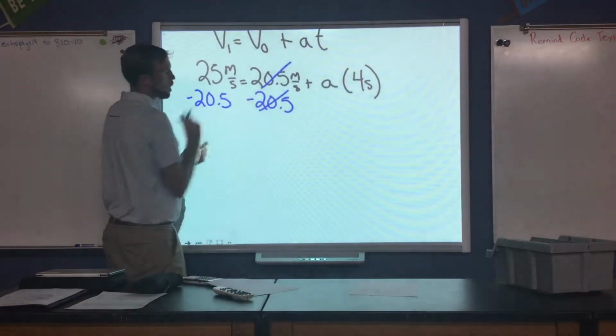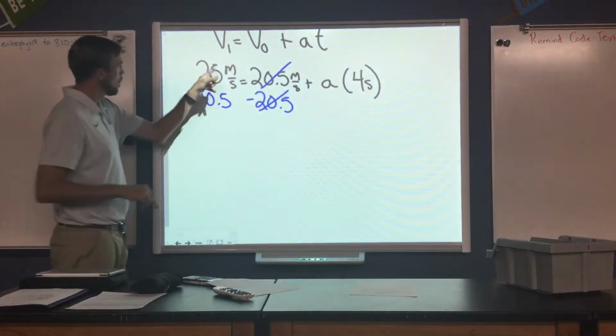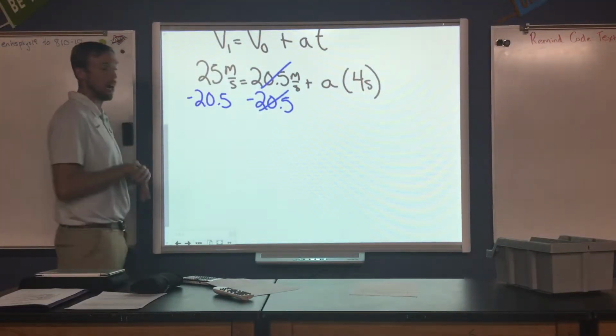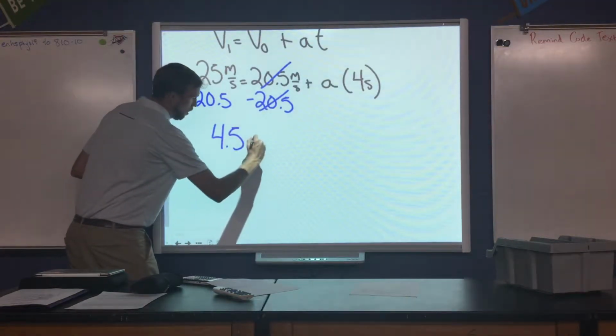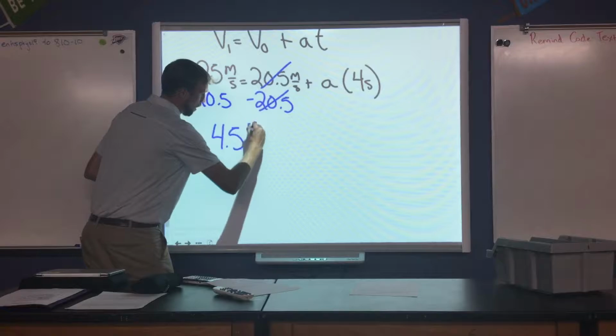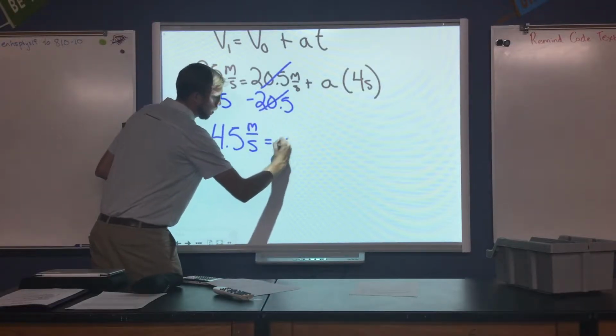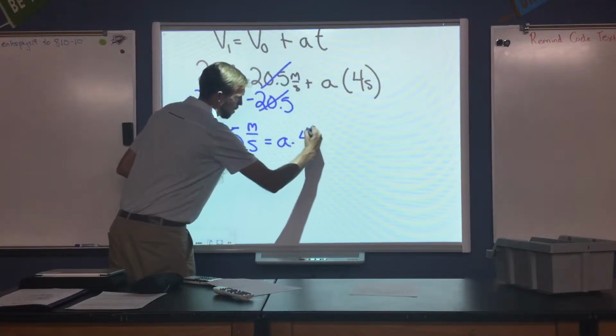So 20.5 minus 20.5, those will cancel out. 25 minus 20.5 should be 4.5 meters per second, because they're velocities, is equal to a times 4 seconds.